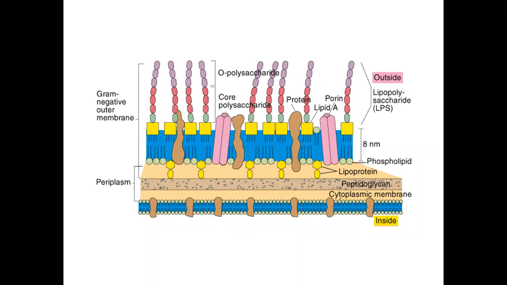The lipopolysaccharide contains core polysaccharide and O polysaccharide, or O side chain, and also lipid A, which is responsible for toxicity. Lipopolysaccharide of gram-negative bacteria is also called endotoxin. Endotoxin is present in gram-negative but not in gram-positive bacteria.